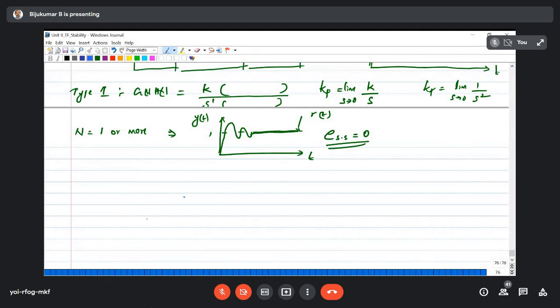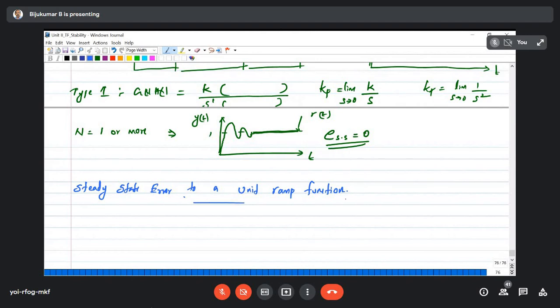So we'll move to the second case, that is, calculate the steady state error to a unit ramp function.